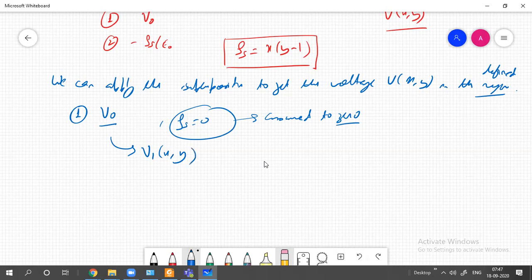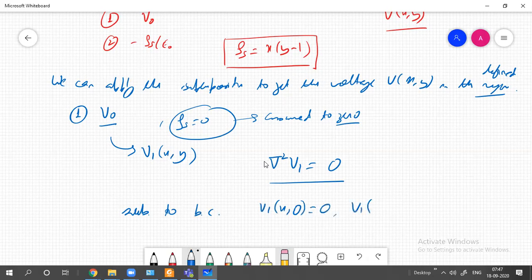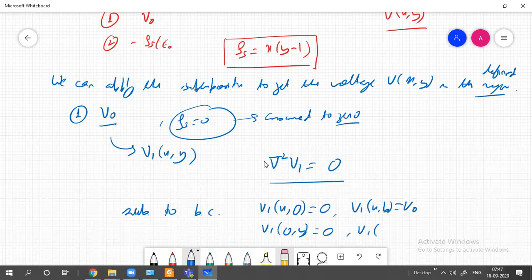V1 of xy. So we need to solve del square V1 equals 0, subject to the boundary conditions: V1 of x, 0 equals 0, V1 of x, b equals V naught, V1 of 0, y equals 0, and V1 of a, y equals 0.